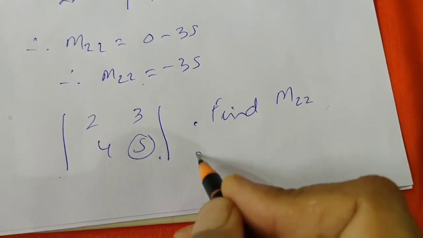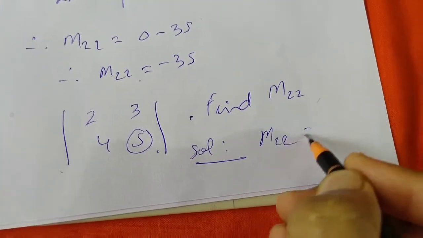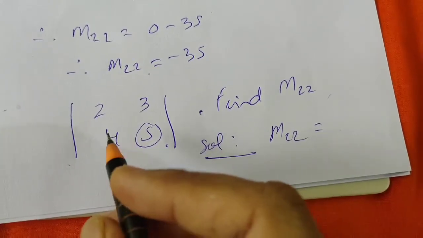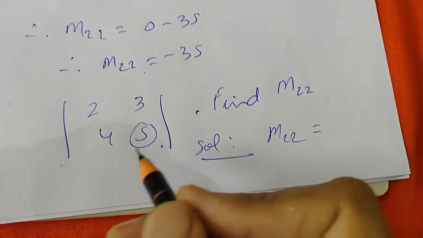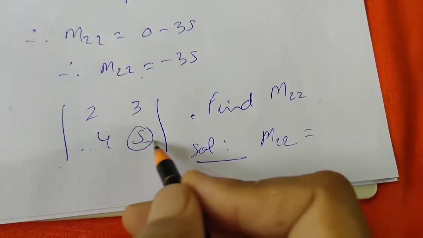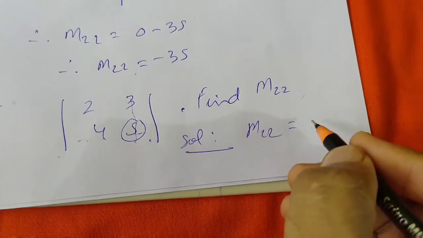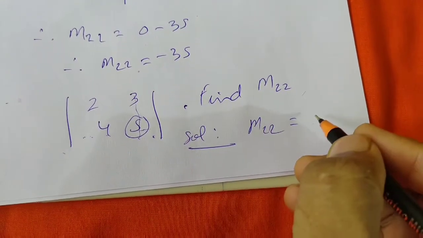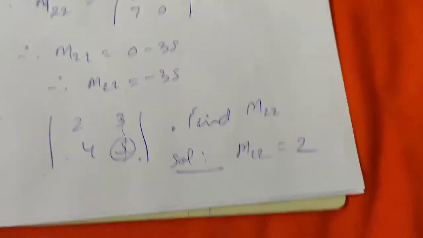M22 equals cancel out all the elements of the row and the column in which the number 5 lies. Those are 4, 5 and 3, 5, and this will cancel out. The remaining will be only 2. So the minor of 5 will be 2. So this is our solution.